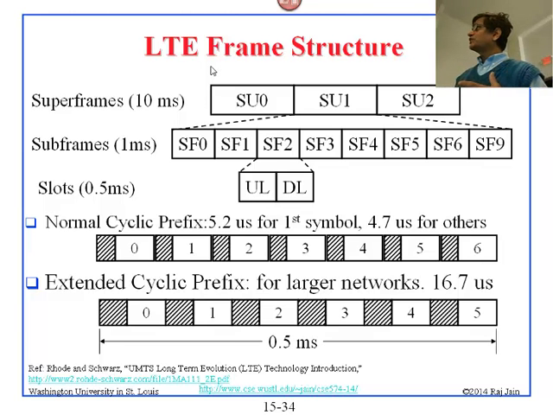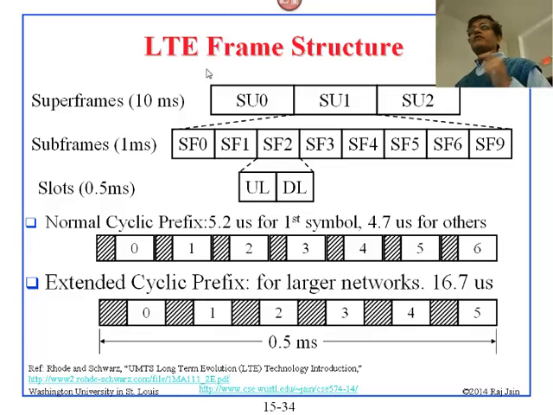So in some situations there is an extended cyclic prefix. In that case, we reduce the number of symbols to 6, and everything is longer, 16.7 microseconds cyclic prefix. All right, so this is the normal, this is the extended.